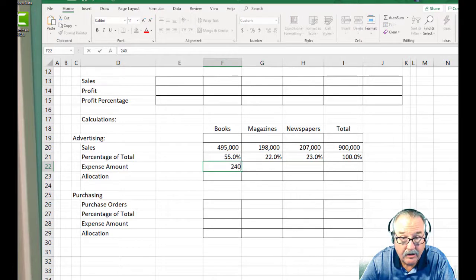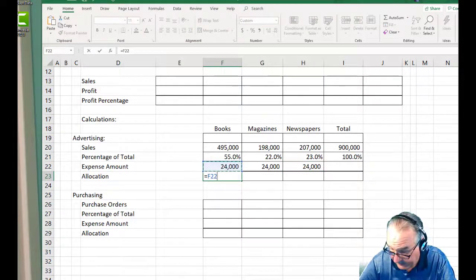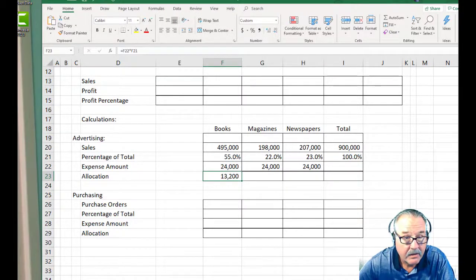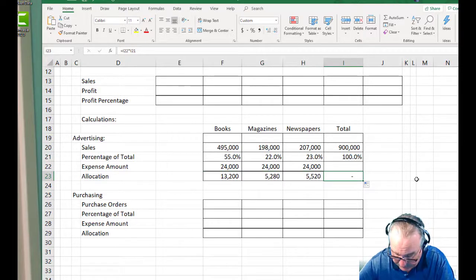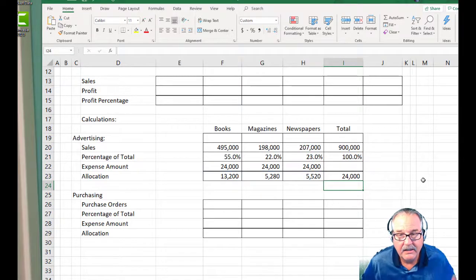Then we allocate the $24,000 of advertising expense by multiplying it by the applicable percentage. The allocation for books is $13,200, for magazines $5,280, and for newspapers $5,520, and there's our $24,000.